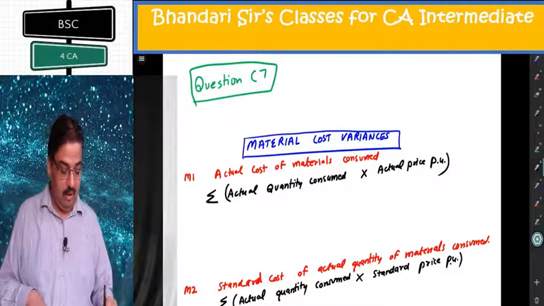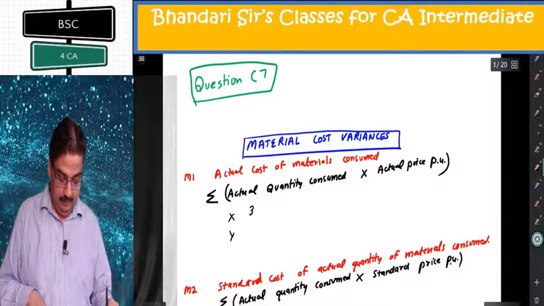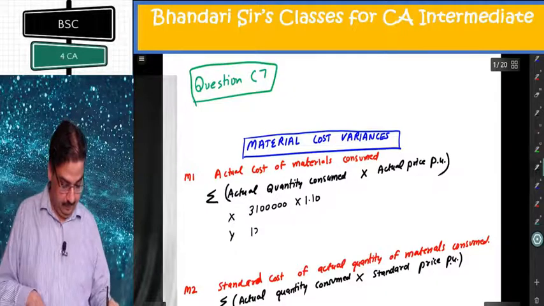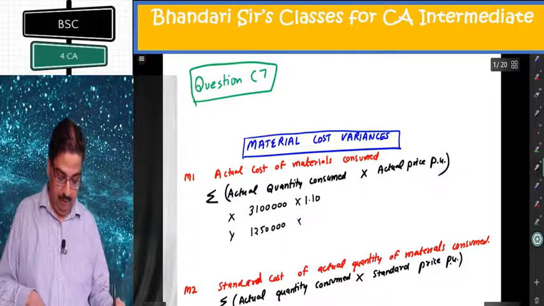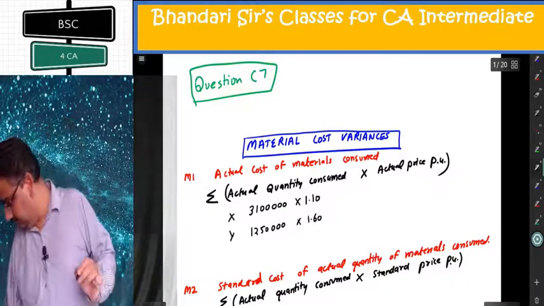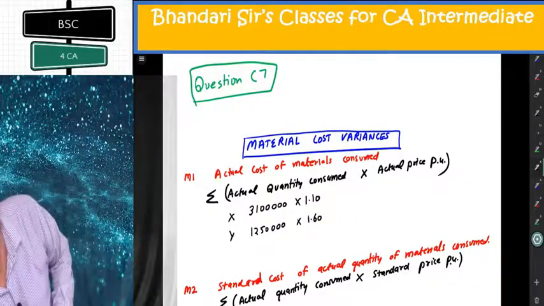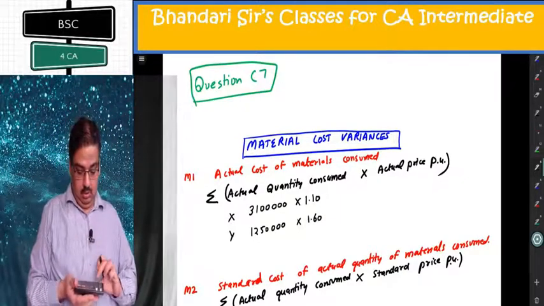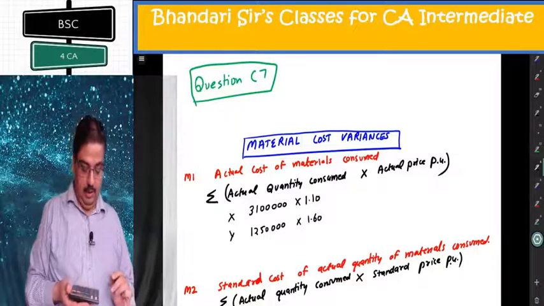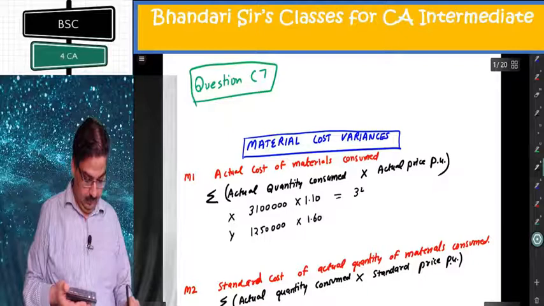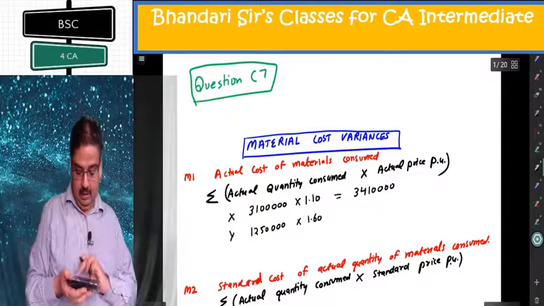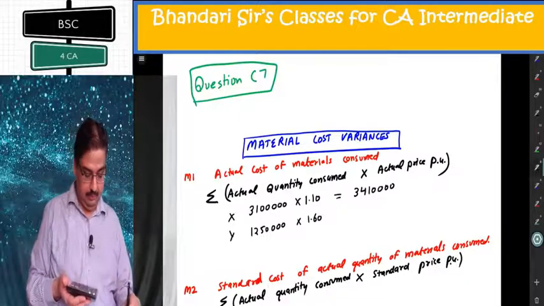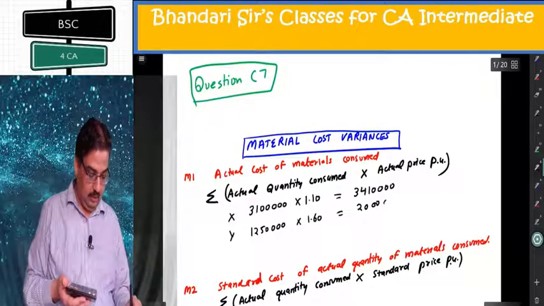The bottom table is for actuals for X and Y. 31 lakh into 1.10, 34 lakh 10,000. 12 lakh 50,000 into 1.60, 20 lakh.